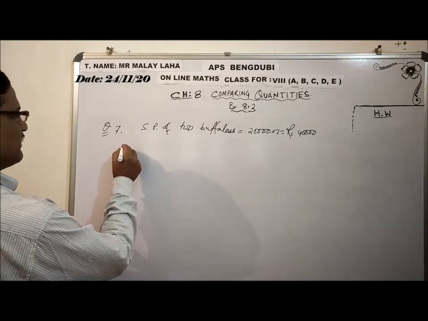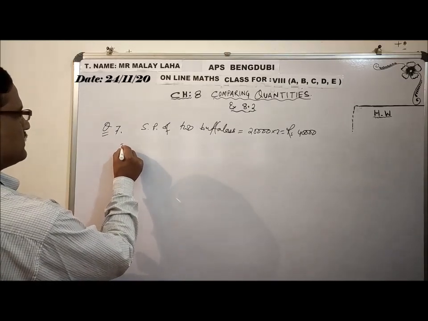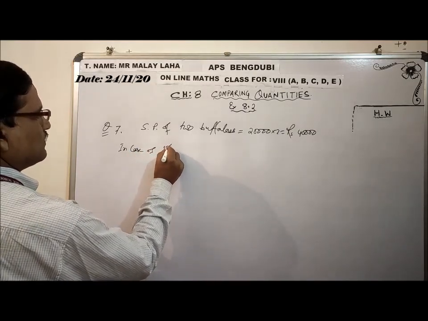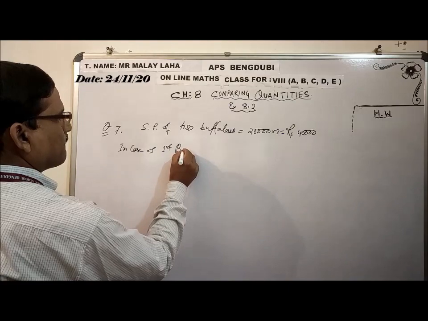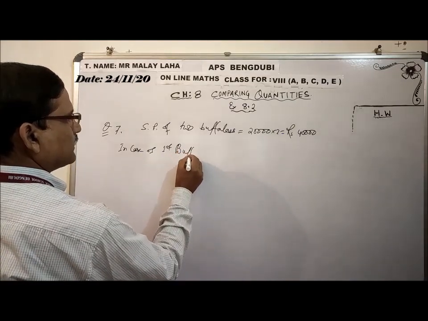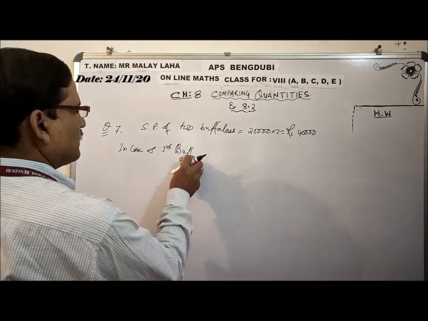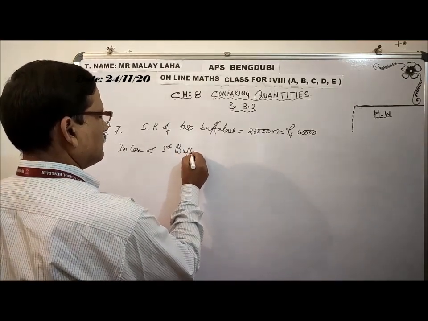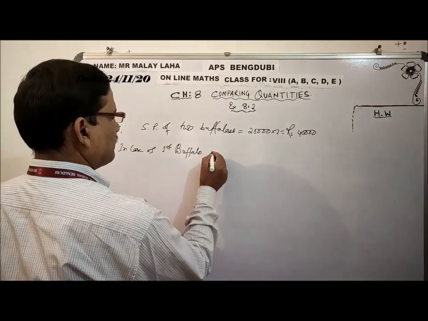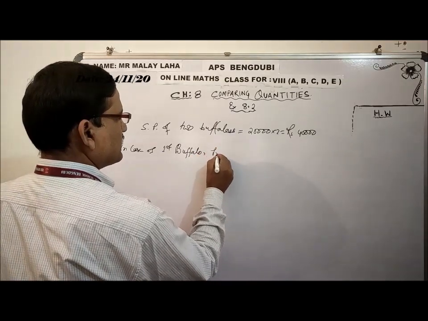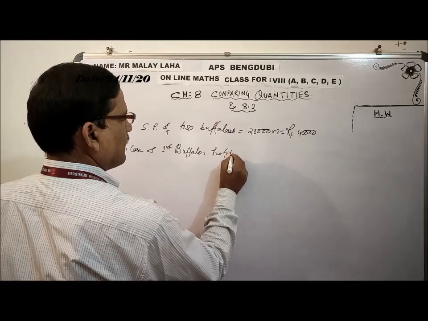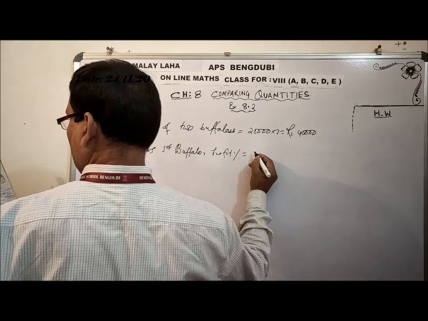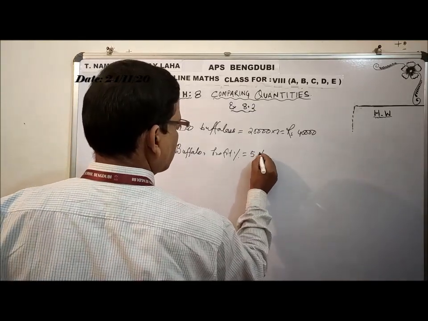In case of the first buffalo, profit percentage equals 5%.